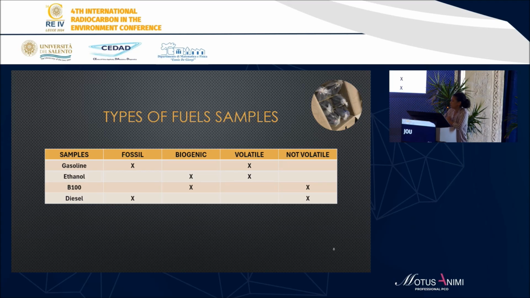We chose 2 groups, volatile and not volatile, with biogenic source and fossil source. The idea is to cover all the different types of fuel samples, because we have a big project working with fuel samples with very low PMC, and it's very important to be accurate and precise.